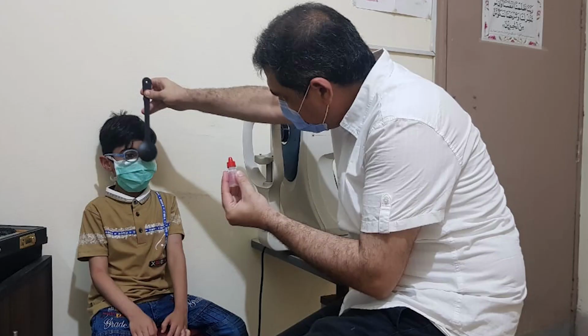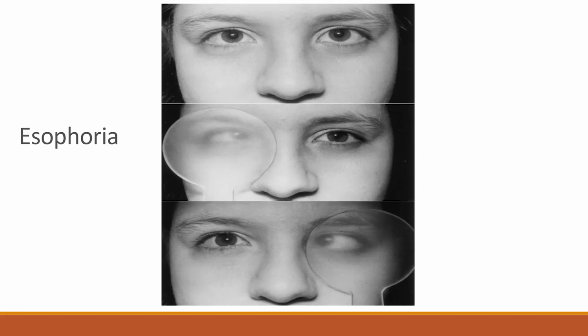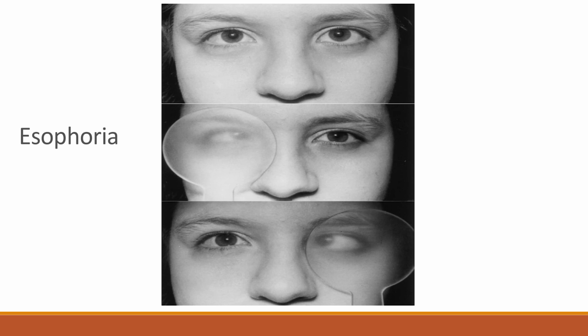The eye goes toward the nasal side, and when you remove the cover, the eye takes up the primary position, coming from the nasal side outward to the temporal side, so we call it esophoria. When the undercover eye goes in and you remove the cover and the eye takes up fixation from inward to outward, we call it esophoria.